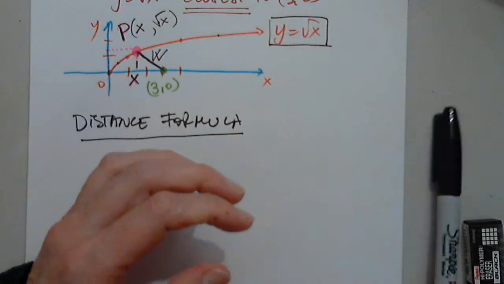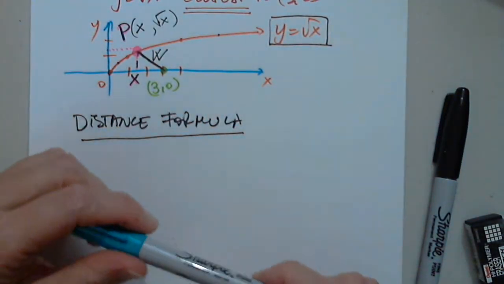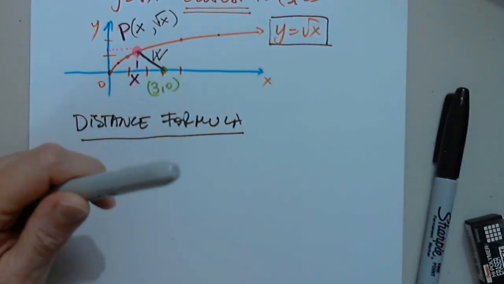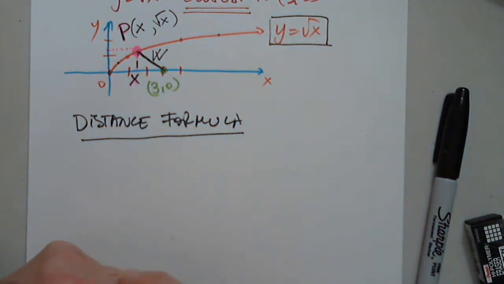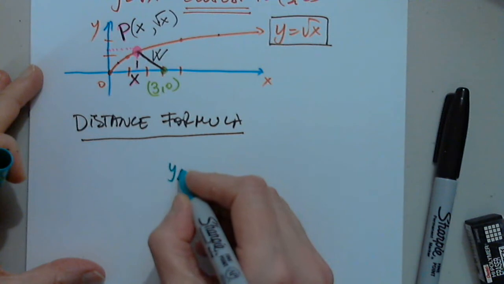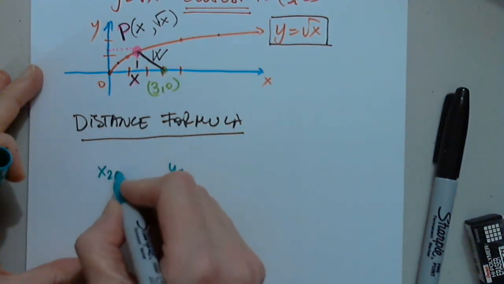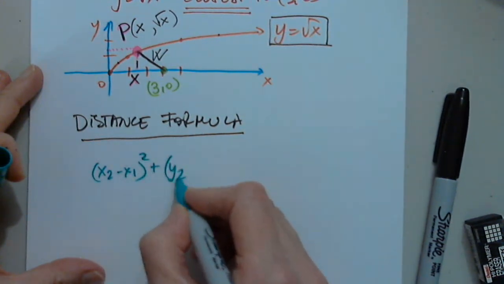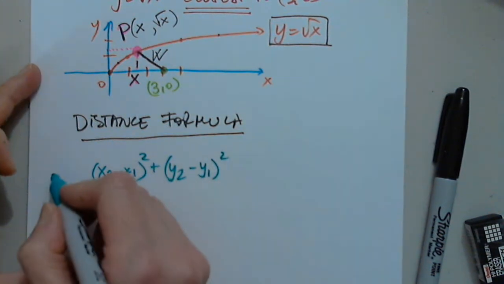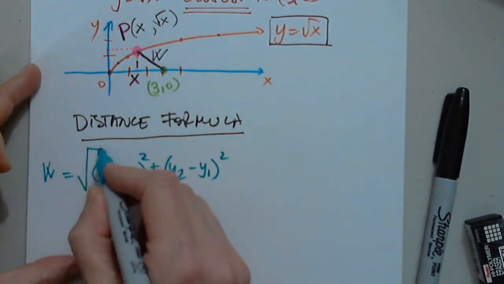Isn't it y2 minus y1 over x2 minus x1? Okay, the square root of x2 minus x1 squared plus y2 minus y1 squared. This is the distance formula.